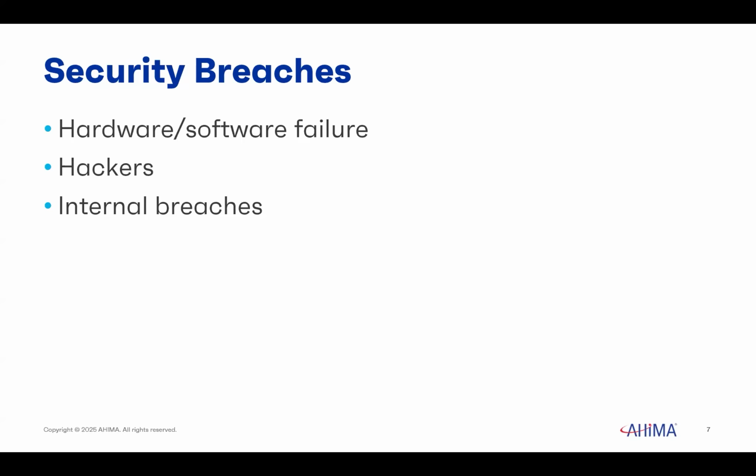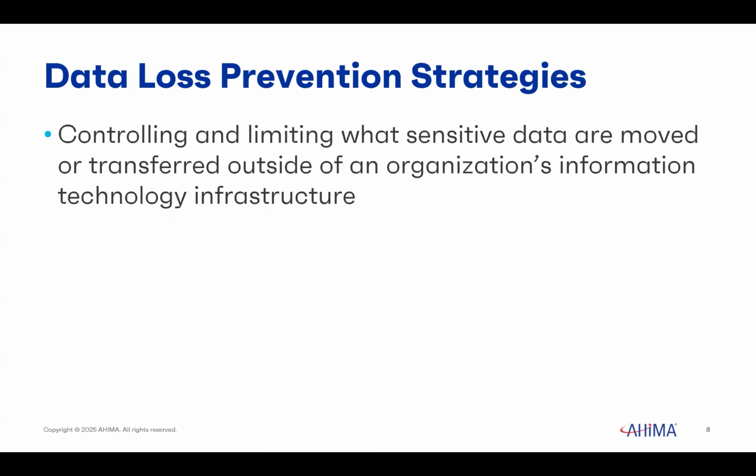We have hackers. People hack for all different types of reasons. Some of it is for secondary financial gain. And sometimes we have internal breaches. People are looking at records that they have no business looking at for a number of reasons. All of these are considered security breaches.